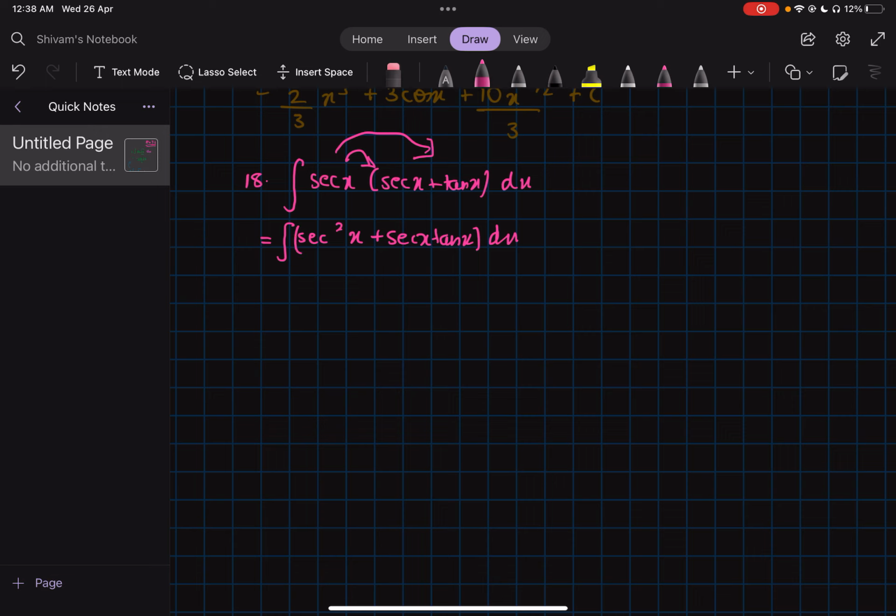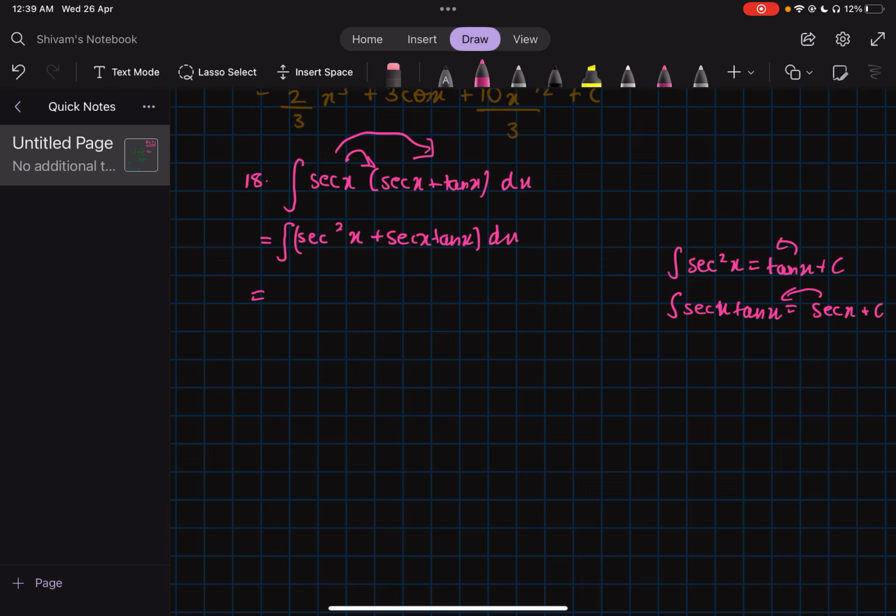dx. Then we know that the integral of sec square x is tan x, and for sec x tan x it's sec x. And we know this because when you differentiate tan x you get sec square x, and when you differentiate sec x you get sec x tan x.